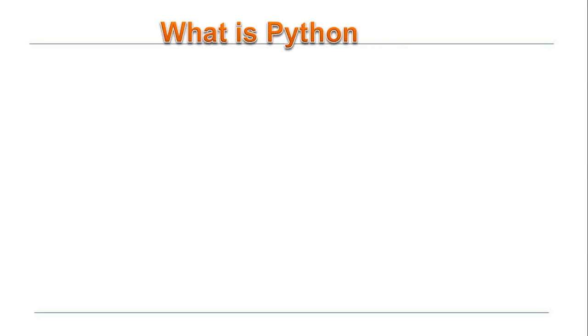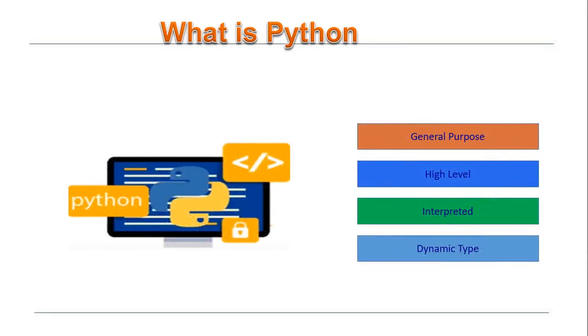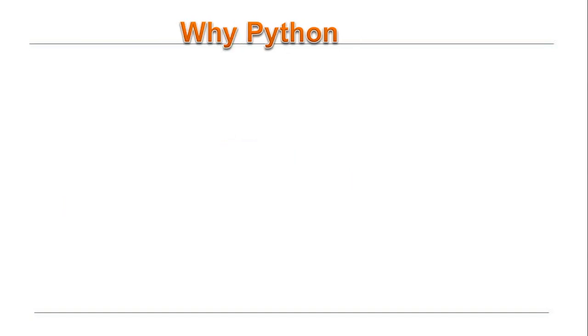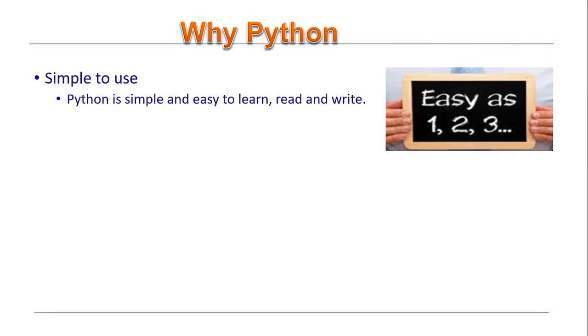Now why Python? As I have explained what is Python, Python is a general purpose high level programming language, which is interpreter based and dynamically typed, which I have explained. Why Python? Python is simple to use because in other programming languages we have a specific program structure.